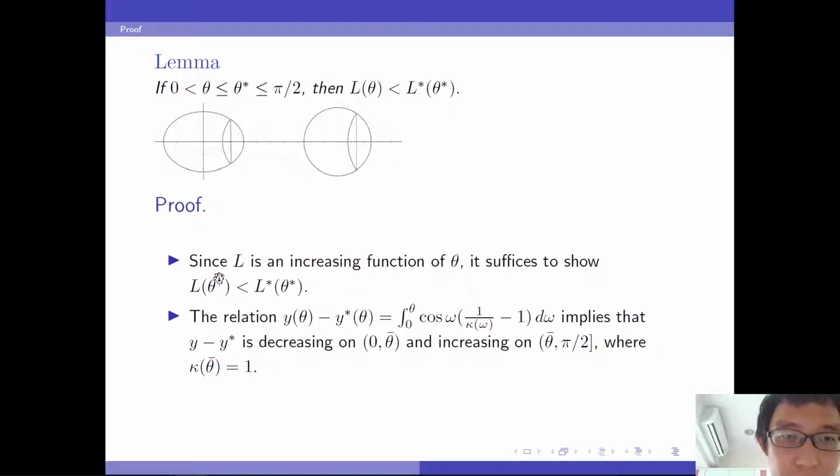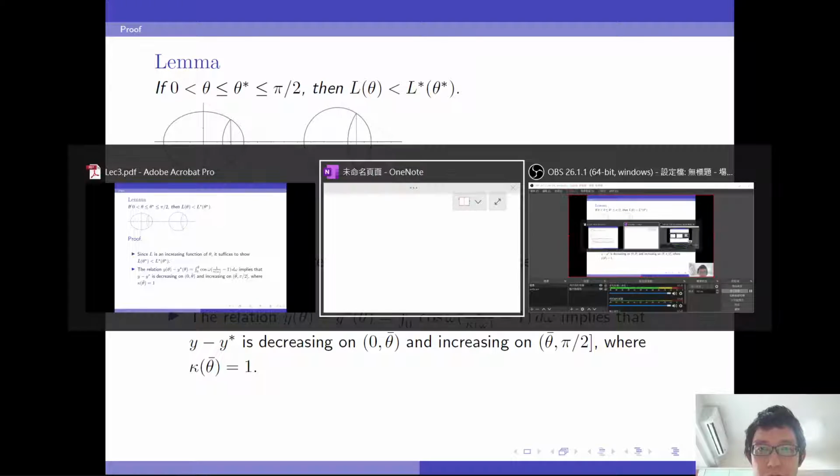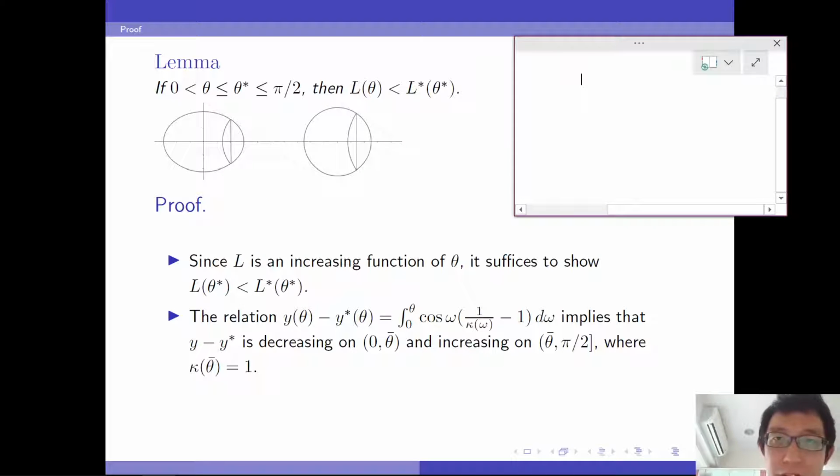First, we notice that since L is an increasing function of theta, it suffices to show that when the normal points in the same direction, the corresponding perfect arcs satisfy the desired inequality. We will study not the length directly, but the y coordinates on the boundary first. We use the following simple relation.